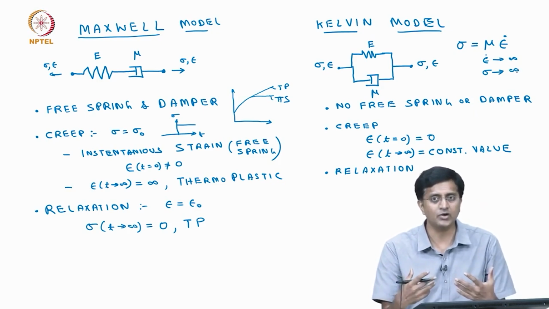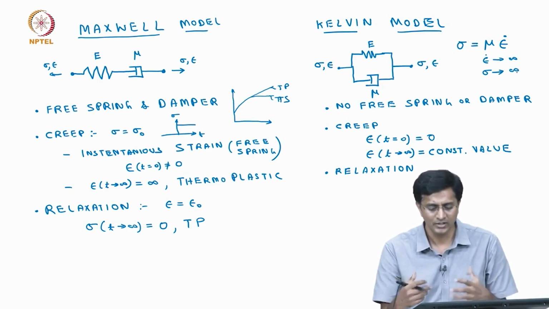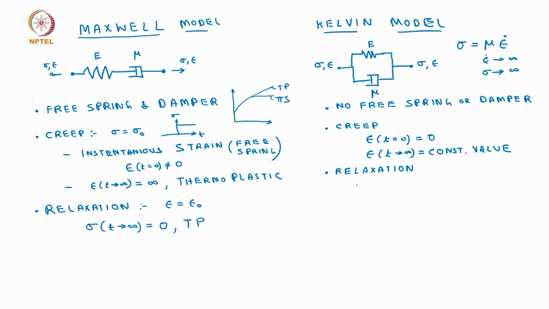Since we cannot develop any machine which can apply an infinite load, the simple answer is not possible. So, we cannot conduct a relaxation test with a simple Kelvin model. The sole reason is because we have a damper which cannot take instantaneous strain.